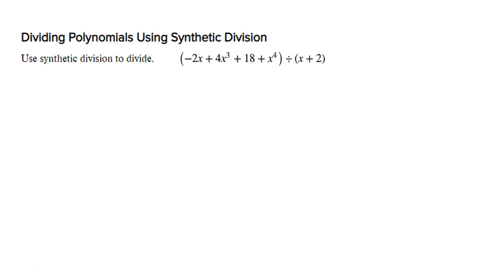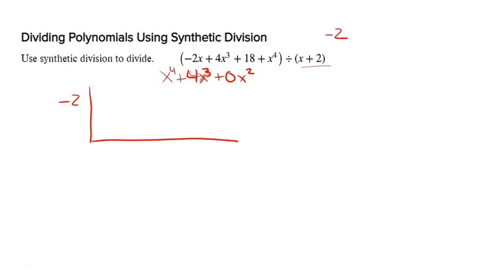One final example, here we're dividing by x plus 2. So the number that we want to use now is negative 2. So we're going to write that on the outside. On the inside, we have x to the 4th plus 4x cubed plus 0x squared minus 2x plus 18.